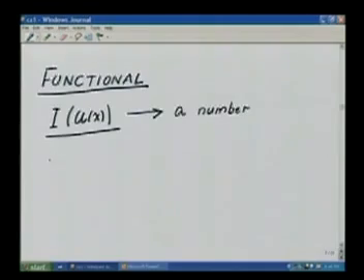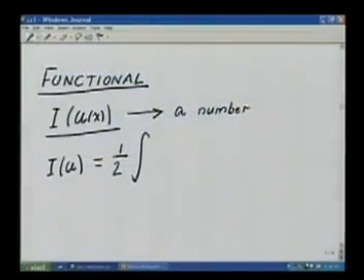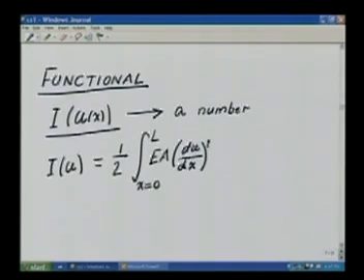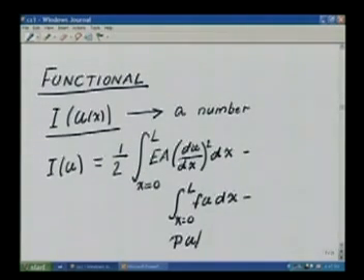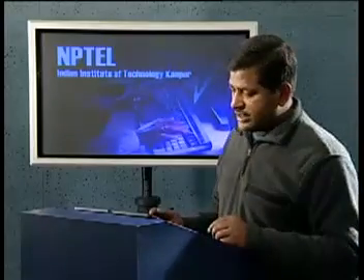For example, I may define various functionals like this. Integral from x equal to 0 to L of EA (du/dx) whole squared, minus integral x equal to 0 to L of f u dx, minus p u at x equal to L. This is a functional where p, f, EA are given to me a priori as material data or the input data to the boundary value problem that has to be supplied.